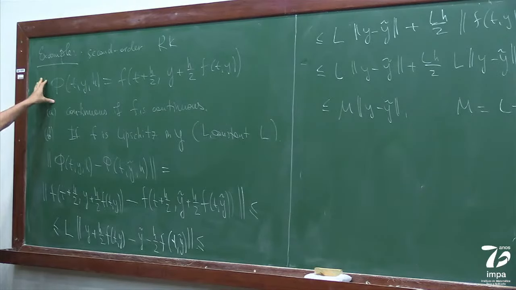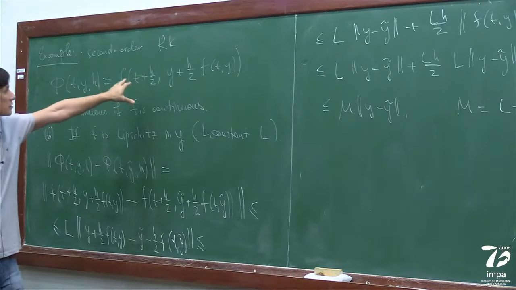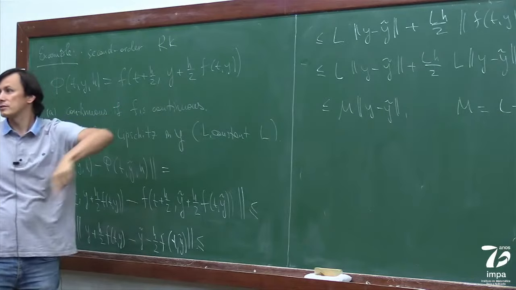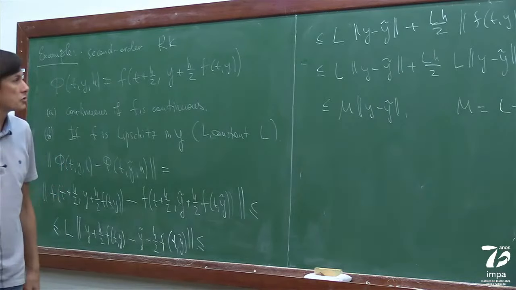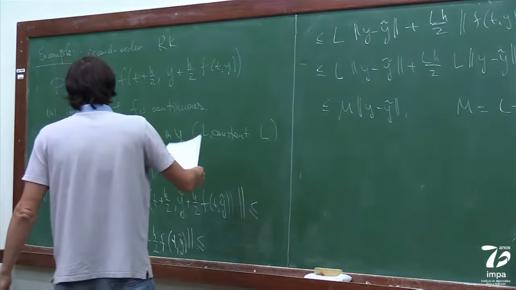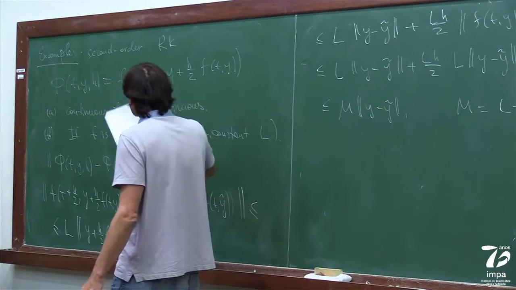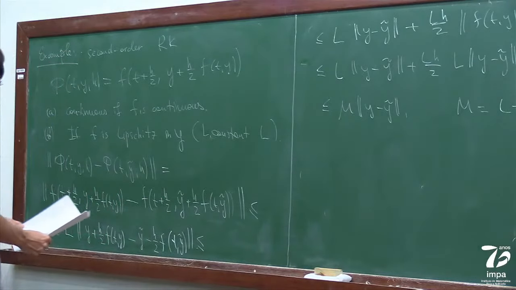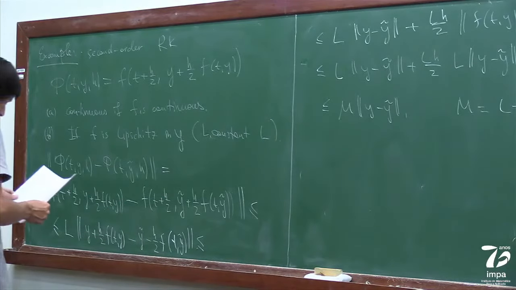At least all other Runge-Kutta methods have this similar form, just more functions inside, so there are more compositions. But anyway, the Lipschitz continuity of the original function implies Lipschitz continuity of the function phi.